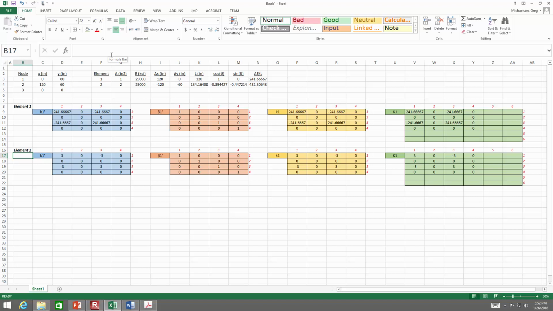What are my codes going to be? 3, 4, 5, 6, right? So let's go ahead and change that right now. Okay, so 3, 4, 5, 6. I'll just copy and paste that. I don't have to change anything on the green matrix because that corresponds to the whole system. We know the whole system is 6 by 6.